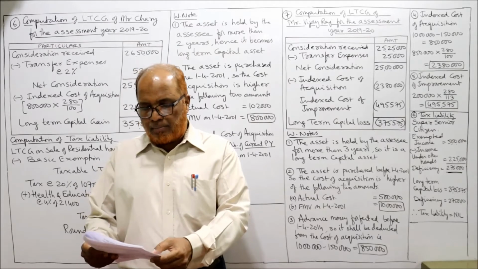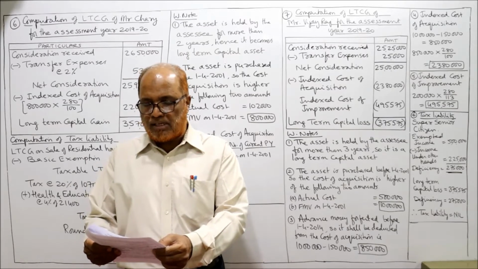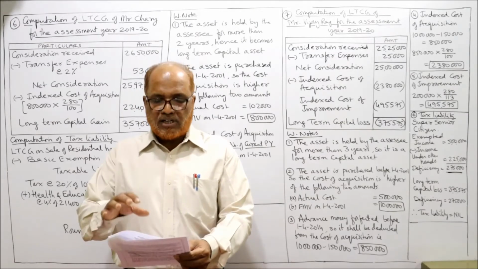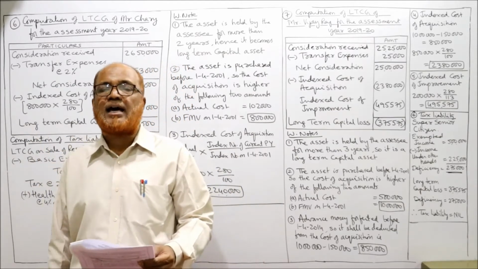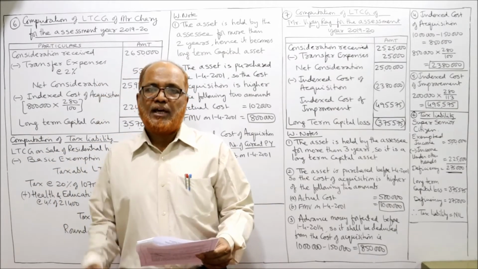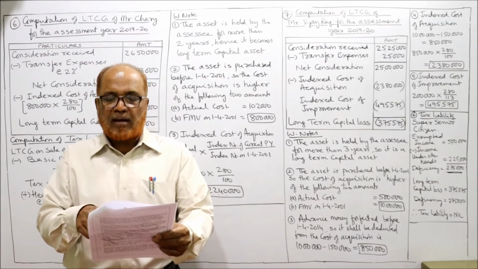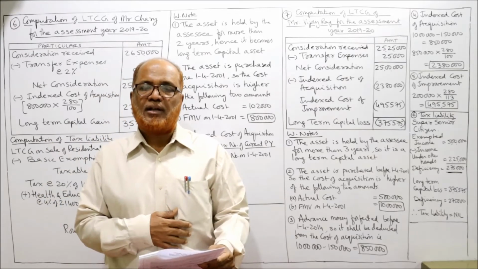On 14th December 2013, he offered to sell this ornament to a businessman and received 1,50,000 as advance. So Mr. Vijay Raj entered into an agreement to sell. In this agreement to sell, he agreed to sell the ornaments and received 1,50,000 as advance money in the year 2013.